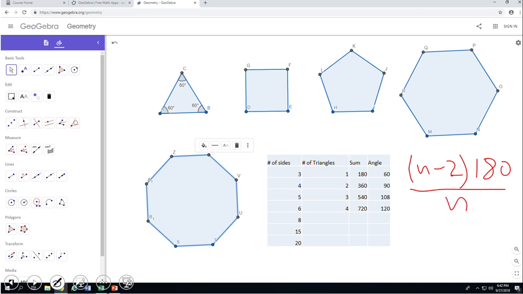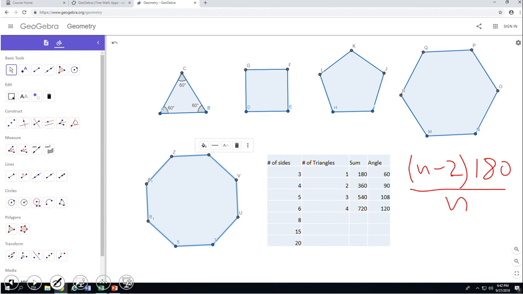If you end up with this formula, n minus 2 times 180 over n, then you did a wonderful job. Yes, you can check all these polygons we had in this video clip and see if you get the same measure. And obviously it's going to be a faster method than what we did so far.